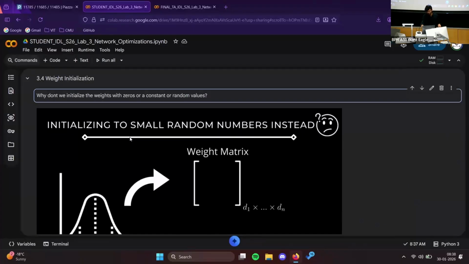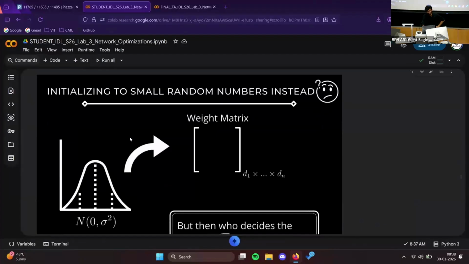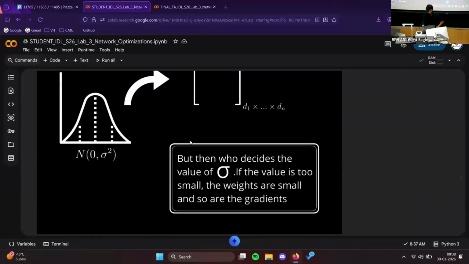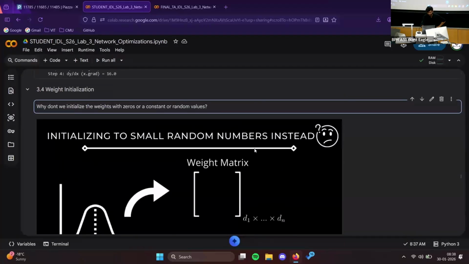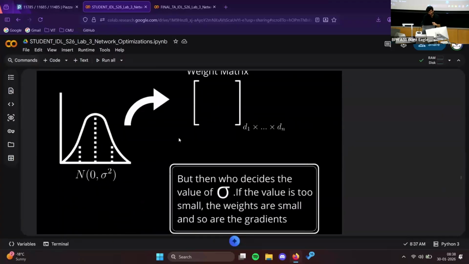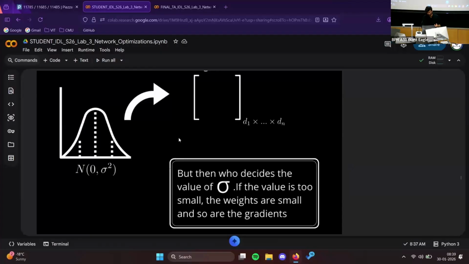So let's say that we initialize with random values that we sample from a normal distribution with mean as 0 and with some variance sigma squared. This is better than the 0 and constant initialization, but we still have a parameter here, which is the variance.